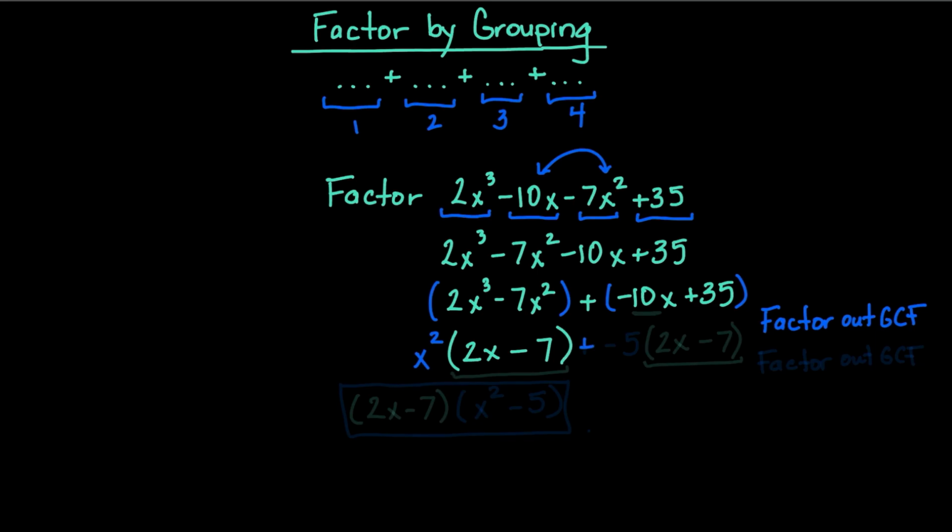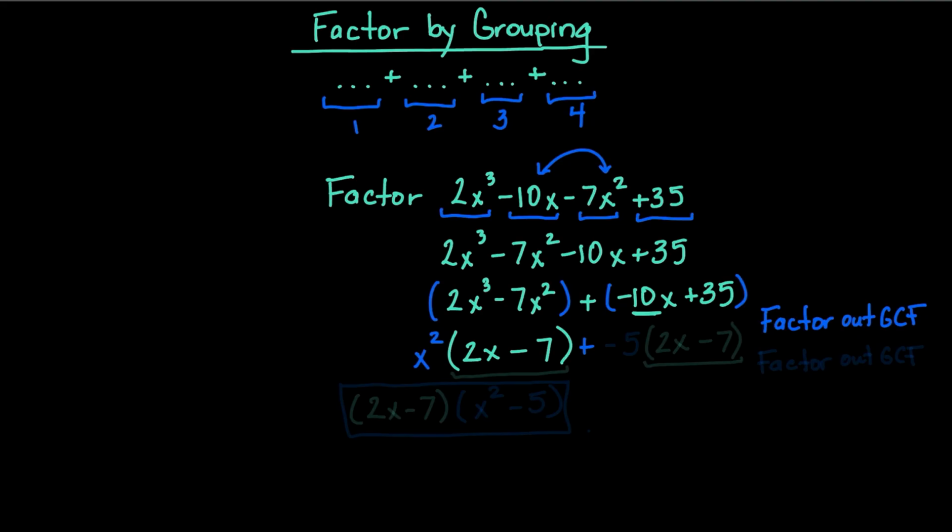Okay, in my second grouping, 10 and 35 are both divisible by 5. So the GCF between negative 10 and 35 would be 5. If this term is negative, you want to factor out a negative. The way to check that is we know inside of our grouping we have 2x minus 7, meaning the first term should be positive and the second term should be negative inside of our grouping.